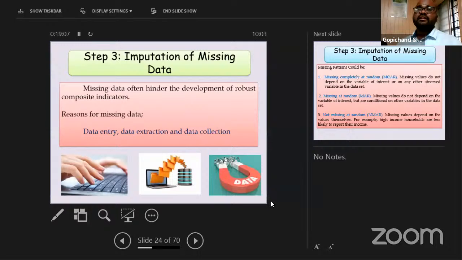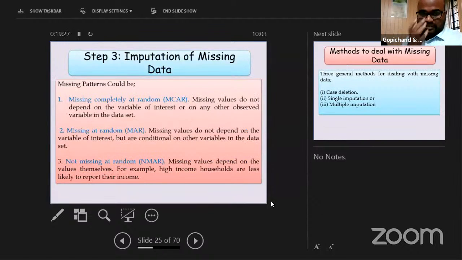Coming to missing data, missing data in an index leads to many problems in the composite indicator. The reasons may be at the time of data entry, during the data extraction methods, or during data collection. Missing data includes three types: missing completely at random, missing at random, and not missing at random. Missing completely at random means it is the researcher's own fault; he will miss it while taking the data.